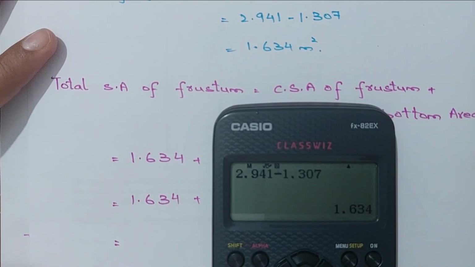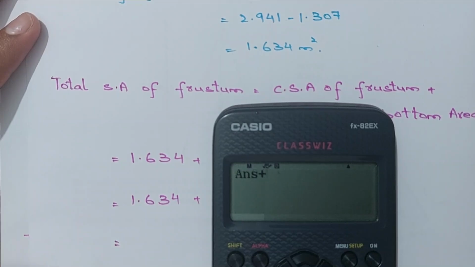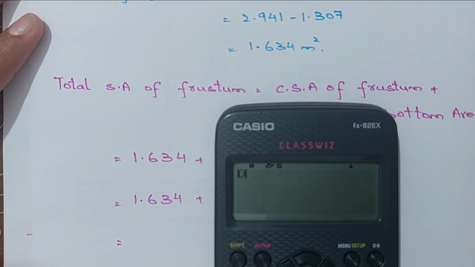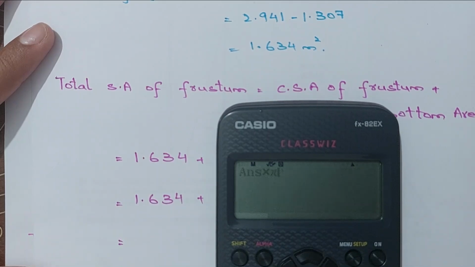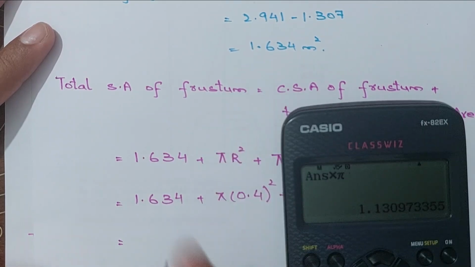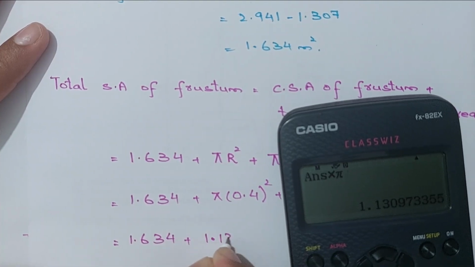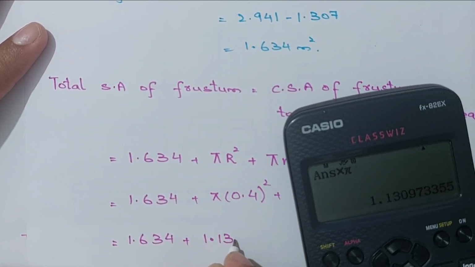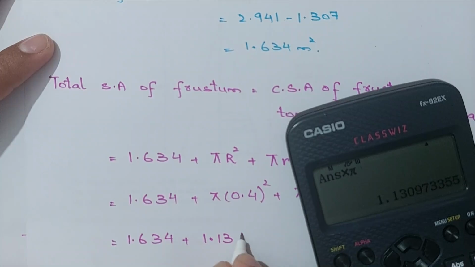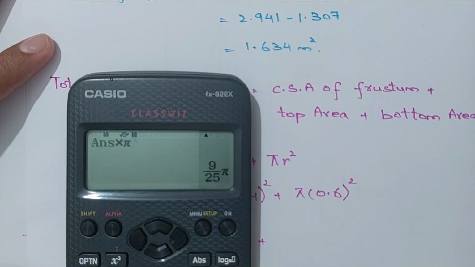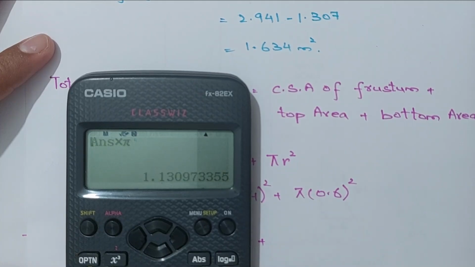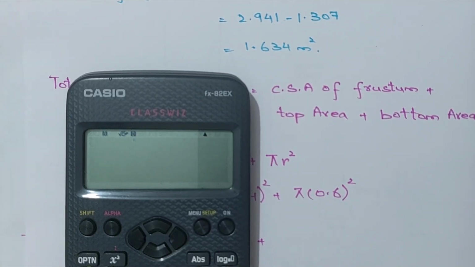Simplify this. 0.6 squared times pi is 1.131. I did the 0.6 first, that's fine, it's just addition.